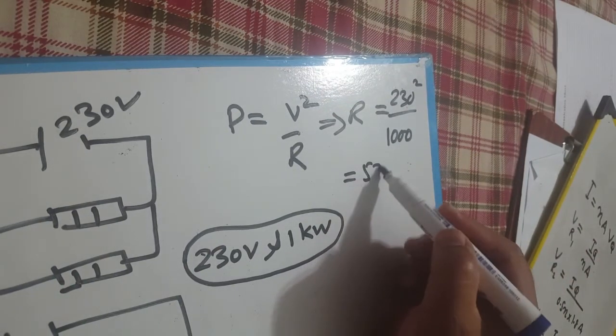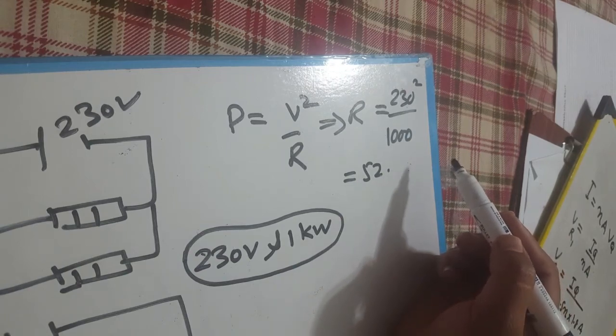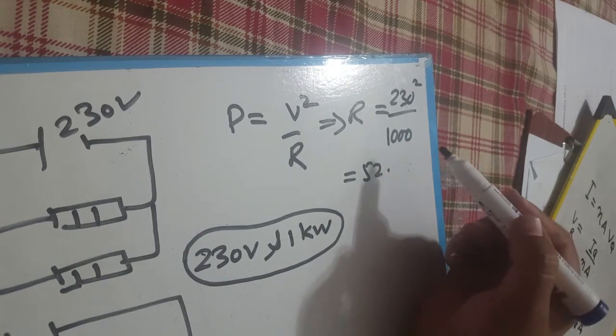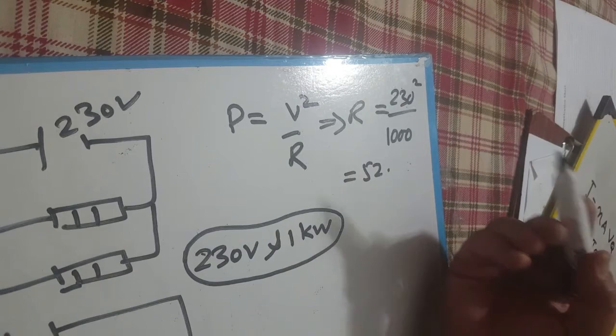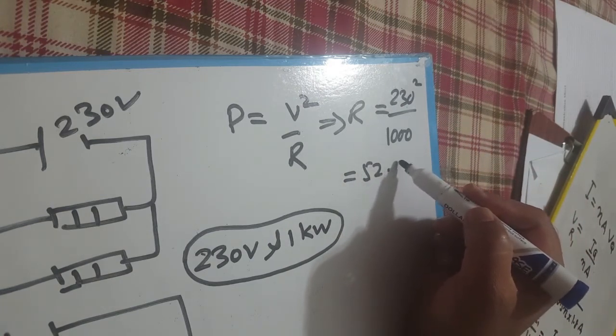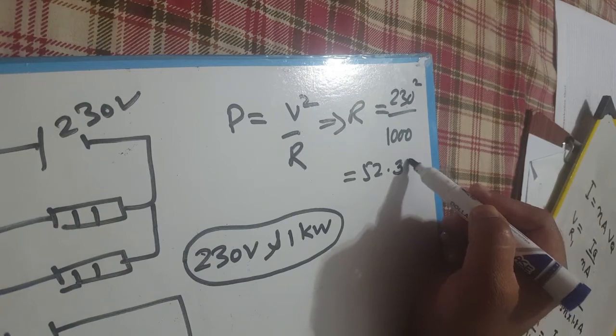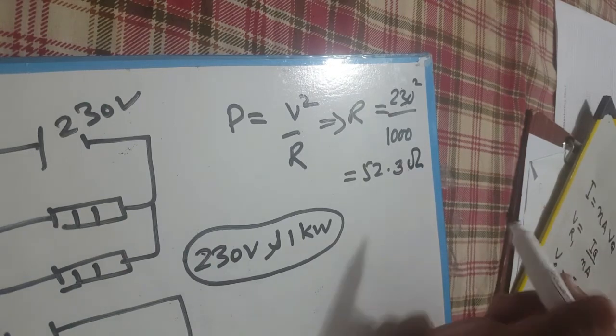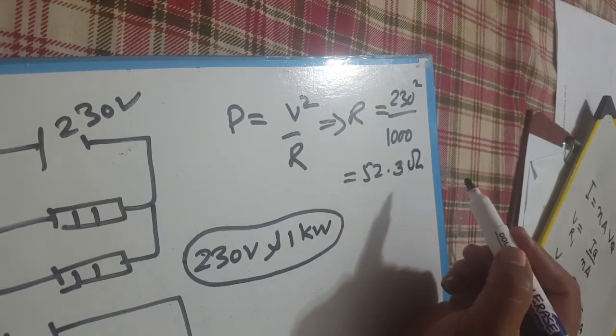That gives you 52 point something, 52.9 or something. ये आपकी वैल्यू आ जाएगी 52 पॉइंट, मुझे इससे याद नहीं है, 52.3 कर लेते हैं चलो. That is ohm. You need to check this value, okay?